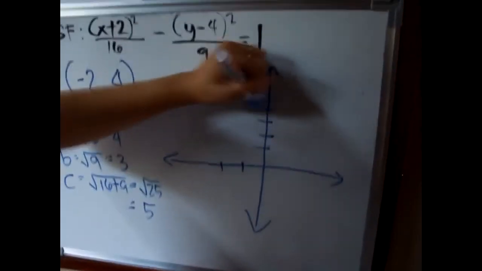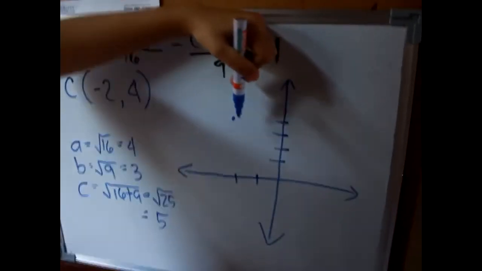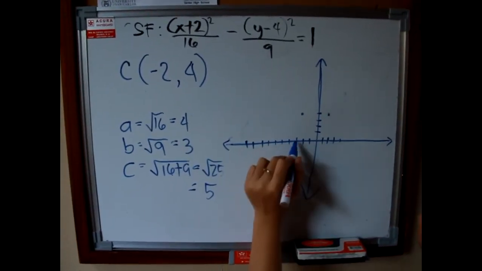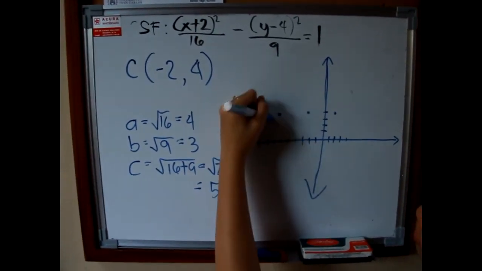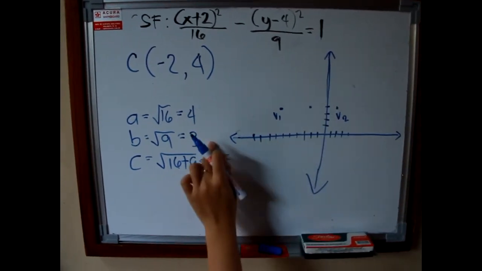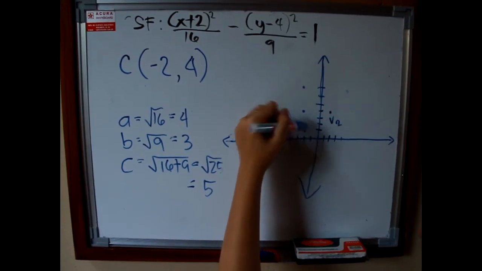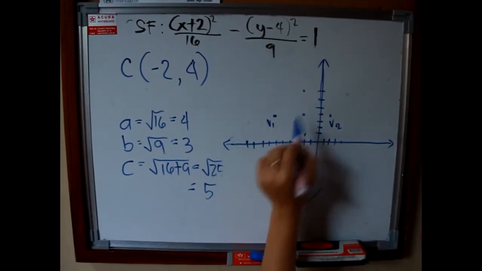Then we plot the center, which is negative 2, 4, then the vertices, of which the distance from the center is 4, then the co-vertices, of which the distance from the center is 3, then the foci, of which the distance from the center is 5.